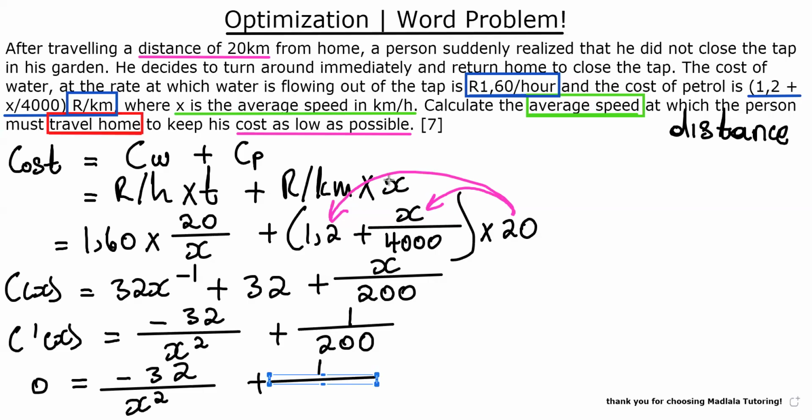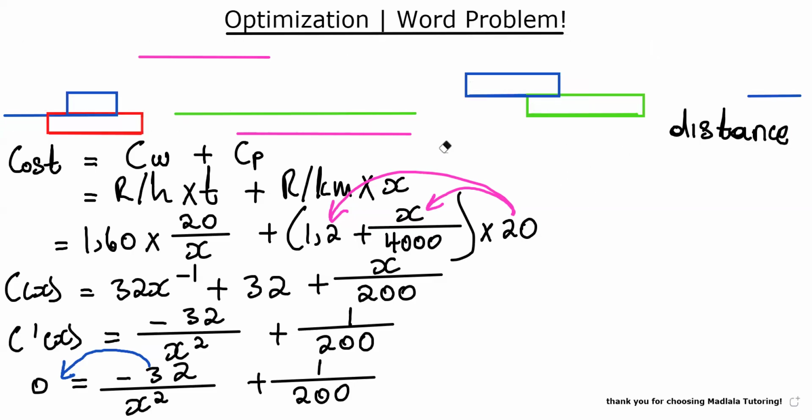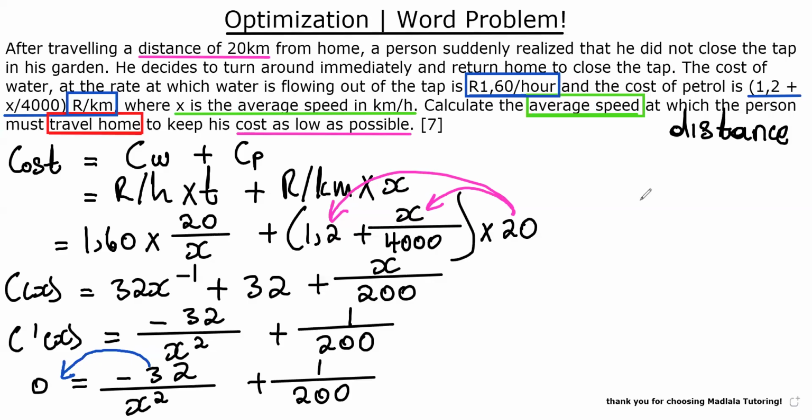Well, this is what you're going to say. But since you understand that we have to take this one to the left-hand side so that it becomes positive, then it means quite simply, this is what we are going to have on the right-hand side. Oh, we actually have 32 over x squared.